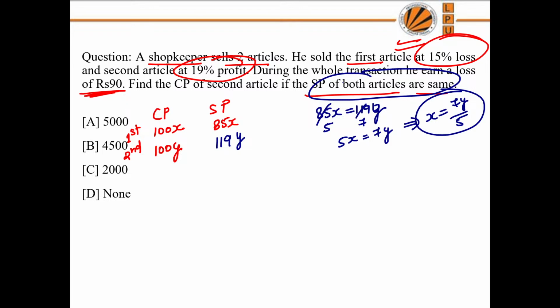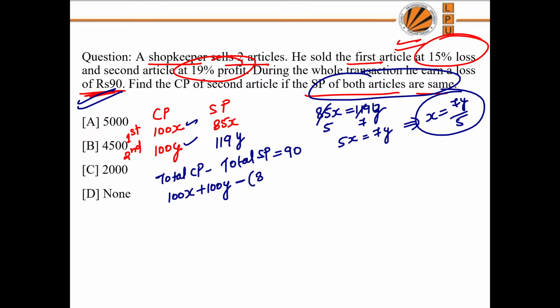Now let's come to this statement that in whole transaction he is getting loss of 90. So it means, it is a loss, so total CP minus total SP is equal to 90. So from here total CP 100x plus 100y minus total SP 85x plus 119y will be equal to 90.